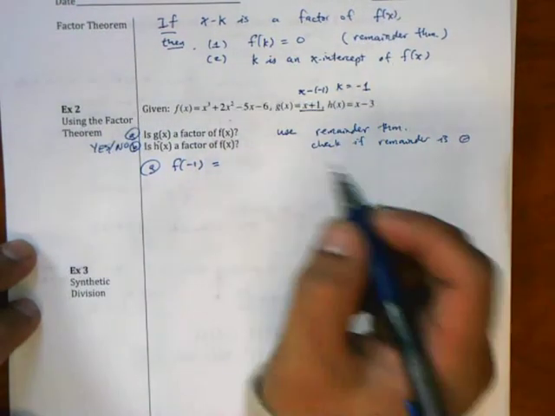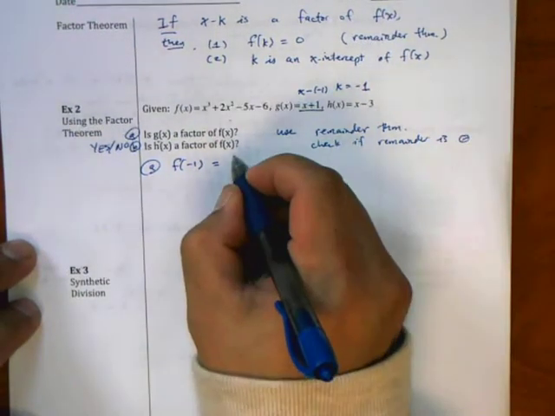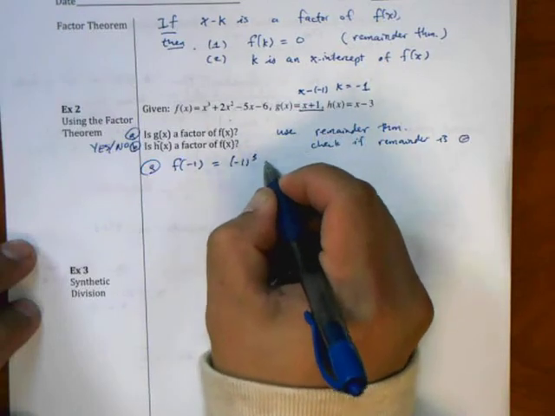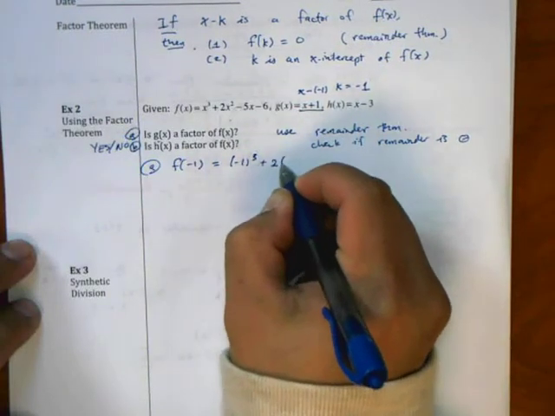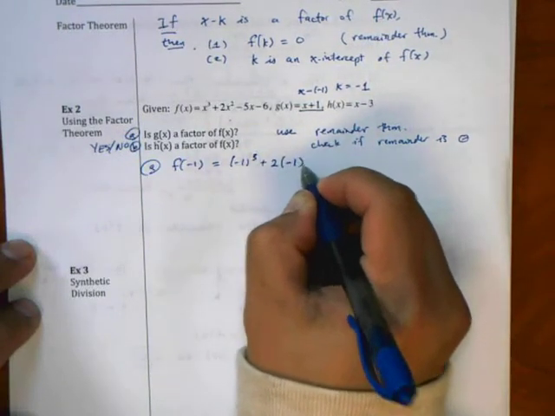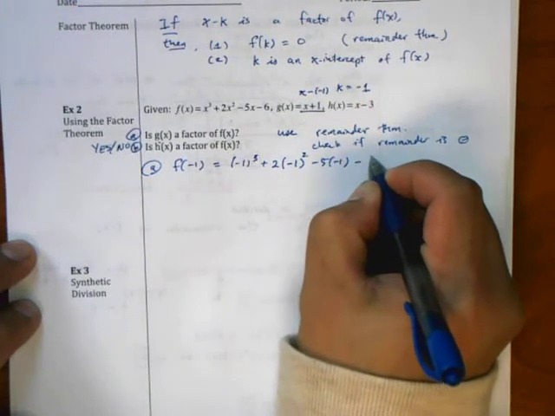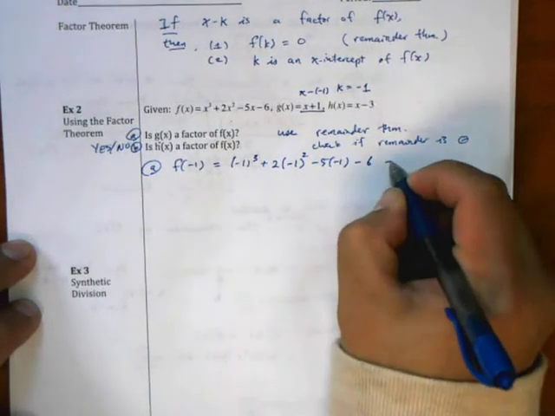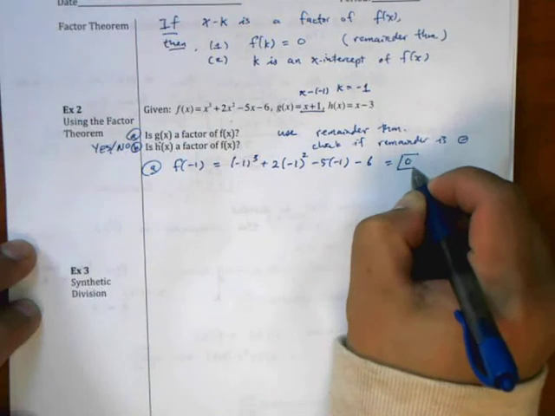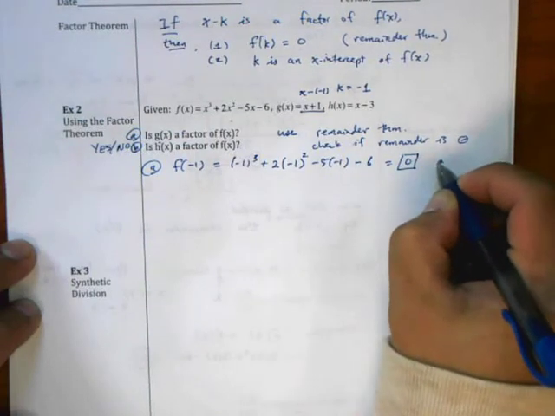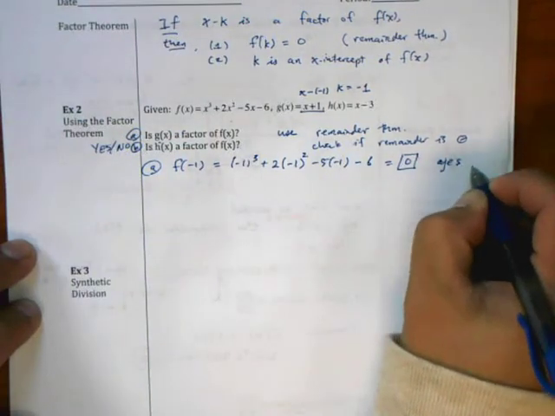So type that into a calculator. This is negative 1 to the third plus 2 times negative 1 squared minus 5 times negative 1 minus 6. And this is going to give you 0. So the answer here is yes for part A.